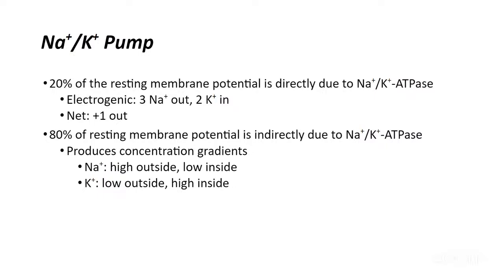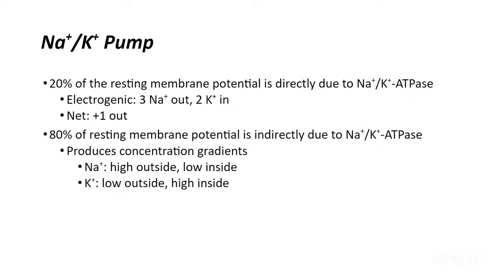Resting membrane potential for a neuron is -70 millivolts, and there are reasons for that. 20% of the reason why we're at -70 is directly because we pumped out, on net, one positive charge, so one extra sodium ion versus the potassium ions that we were bringing back in.